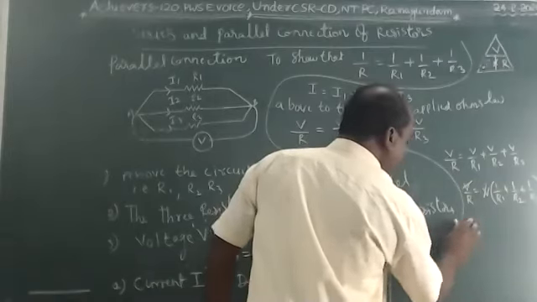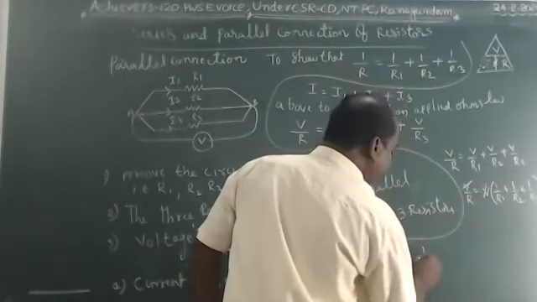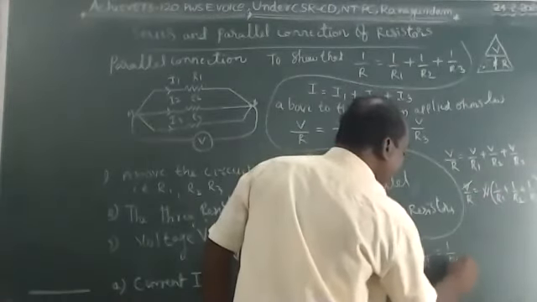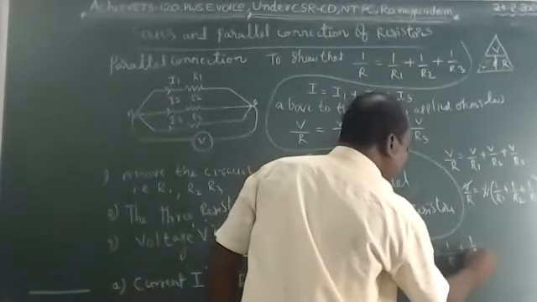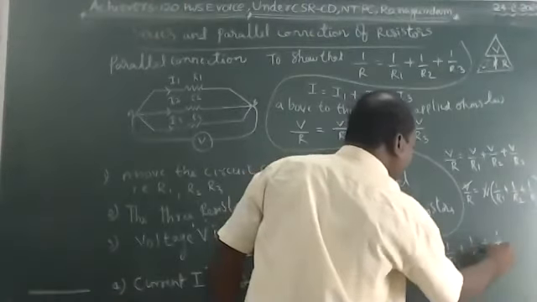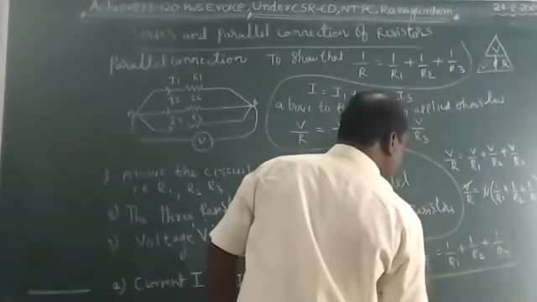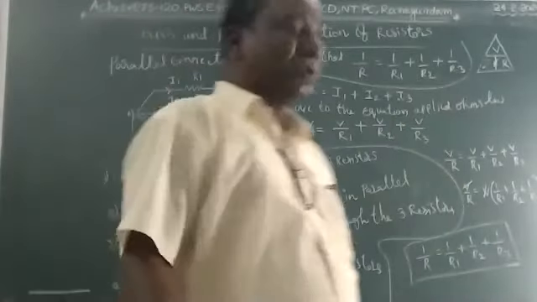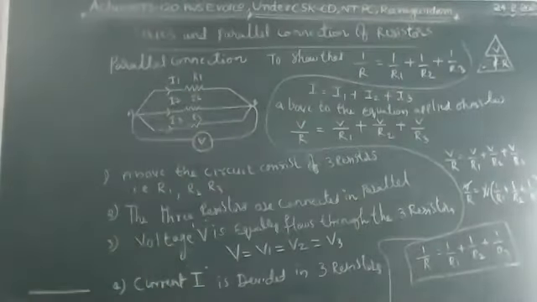Then 1 by R equals 1 by R1 plus 1 by R2 plus 1 by R3. This is the parallel connection formula. 1 by R equals 1 by R1 plus 1 by R2 plus 1 by R3.